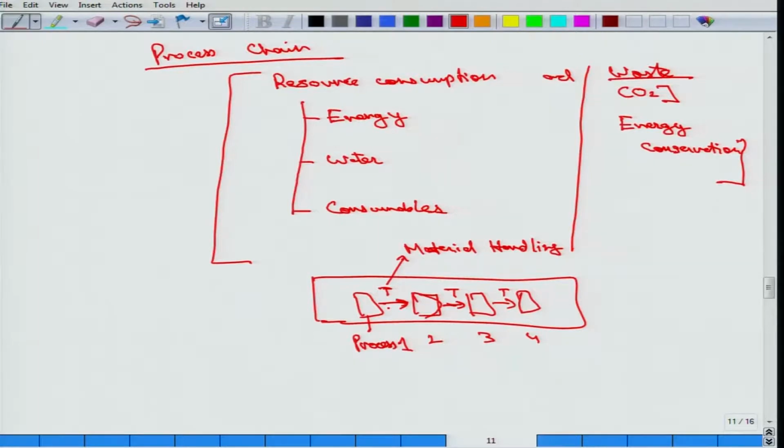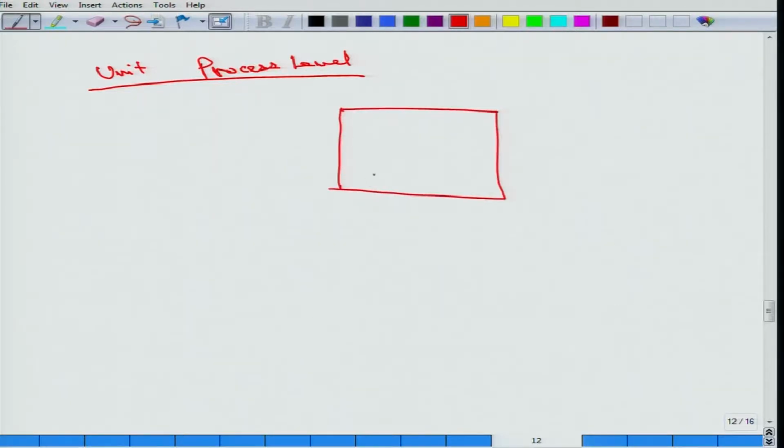So, next I have is my process level, rather I would like to say here unit process level. So, unit process is my one process. So, it is one machine, maybe, say, it is a lathe.